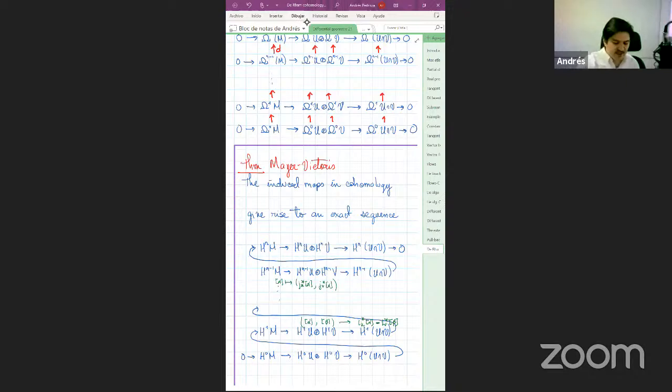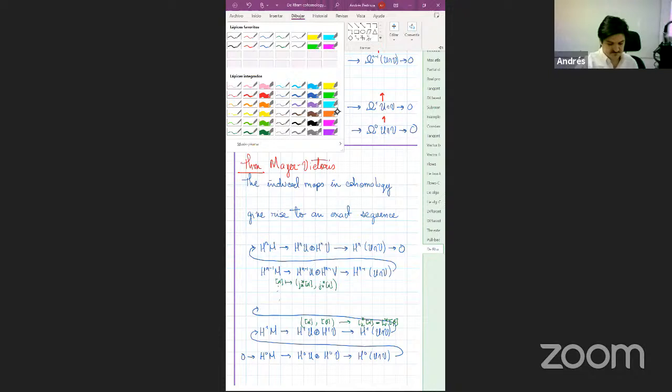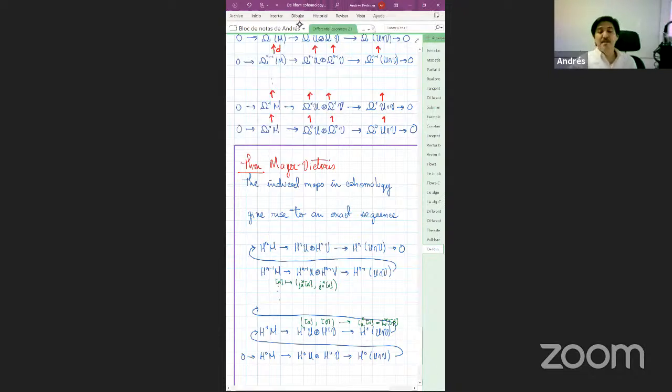The way that it is used, it works in many directions. The most straightforward is you know the cohomology of U, of V, and the intersection, and then you can compute the cohomology of the manifold. But there are even some cases when it is not used like that.